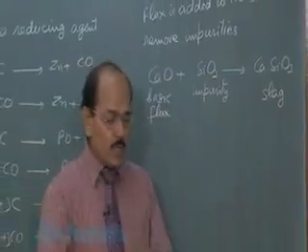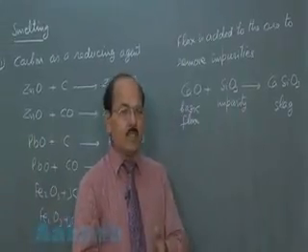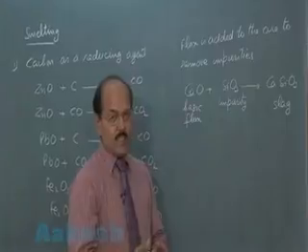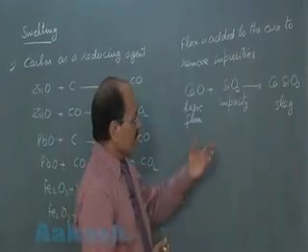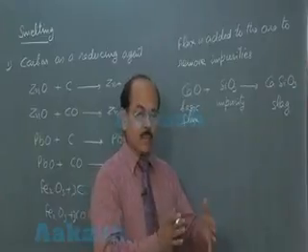If the ore contains basic impurities, then the flux must be acidic. For example, if the ore contains ferrous oxide as impurity, then silica is added. The function of silica is now a flux.